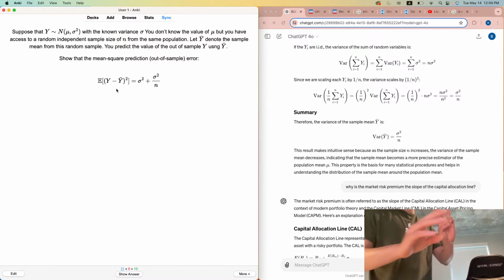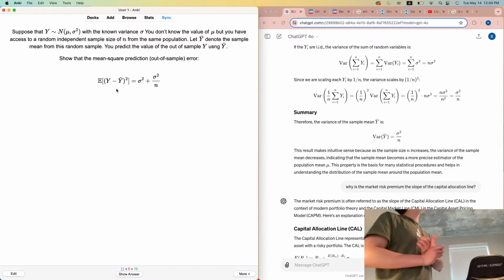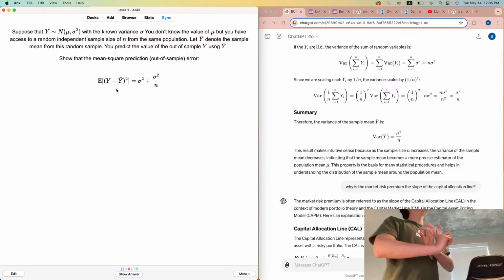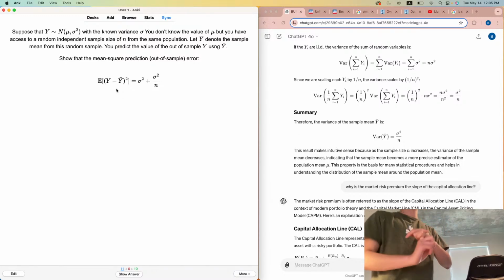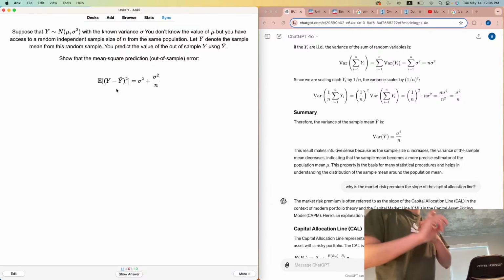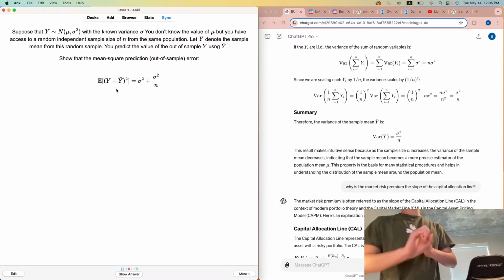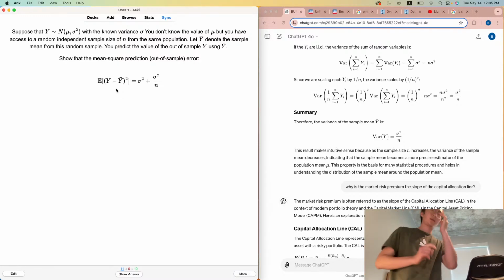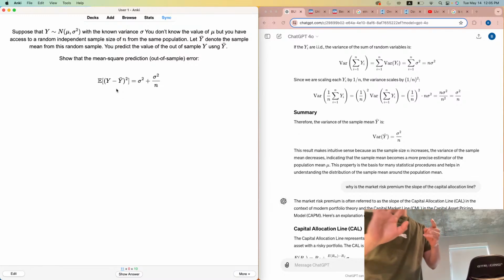So there are 3 different terms here. One is the variance of y, one is the variance of y bar, and one is the covariance of y and y bar. That becomes 0 because y and y bar are uncorrelated with each other, so they're independent.